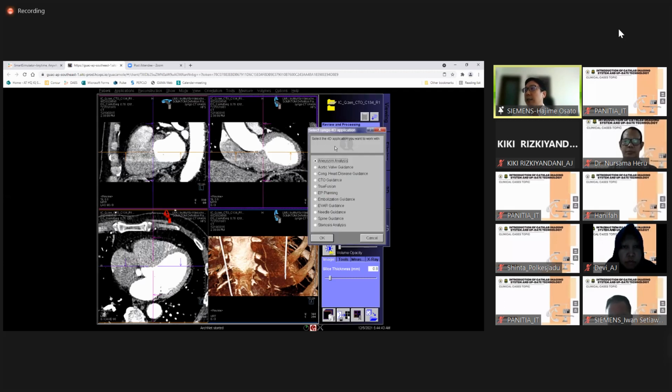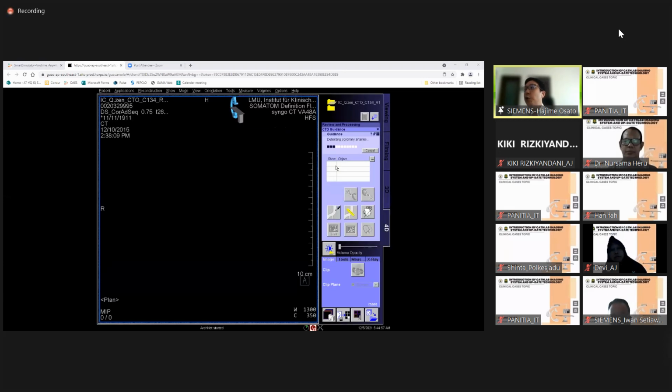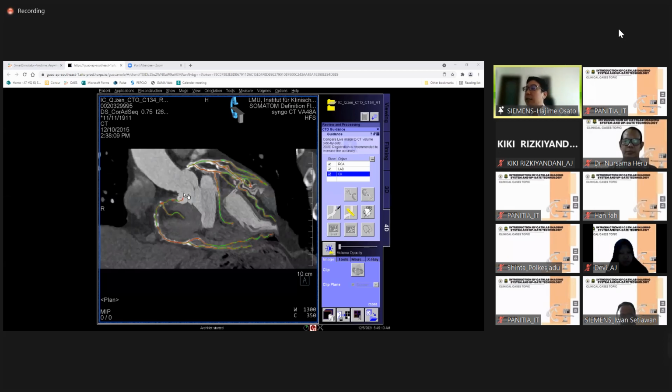Now the system calculates and automatically detects the coronary arteries, coded with color in the wave view. Now we detect RCA, LAD and LCX.